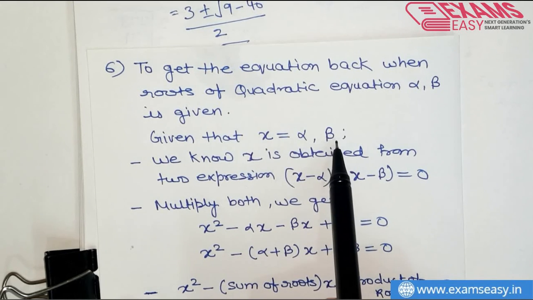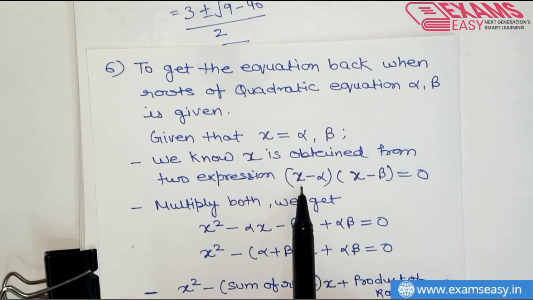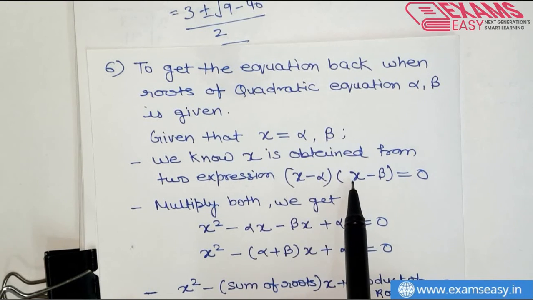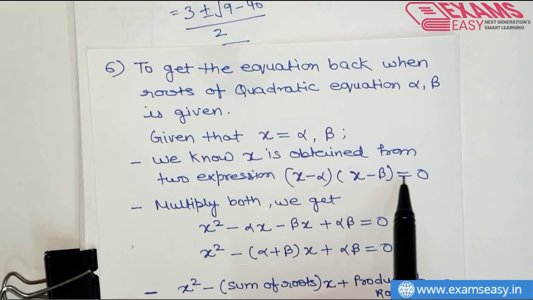These are the roots of the quadratic equation, and we know that x is obtained from two expressions, that is x minus alpha, x minus beta. Then we equate these two expressions to 0 individually and find alpha and beta. So this is the reverse process we are doing.